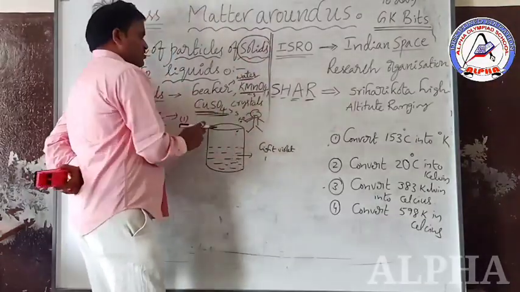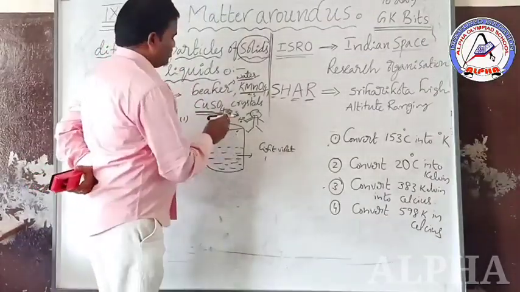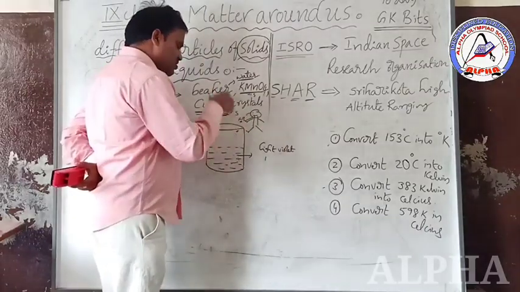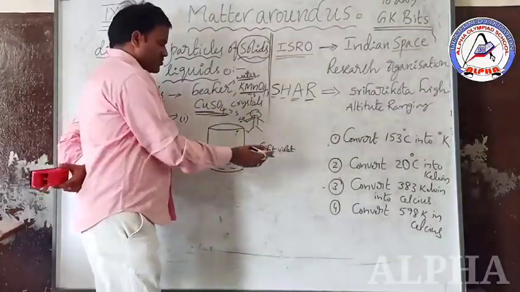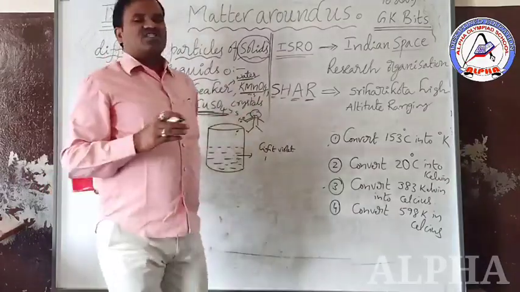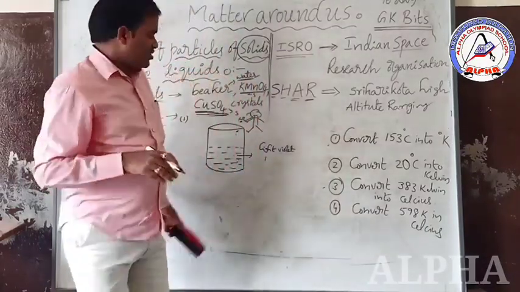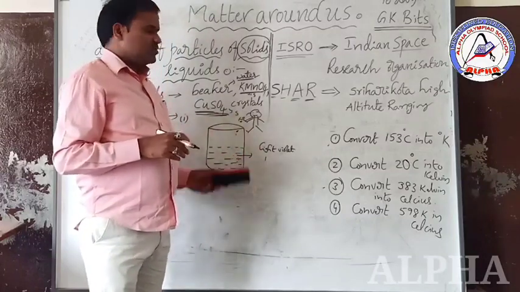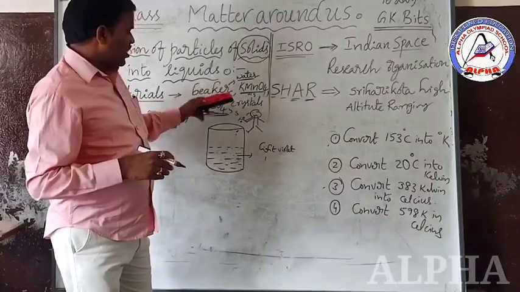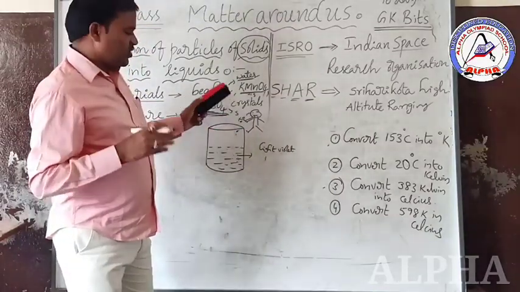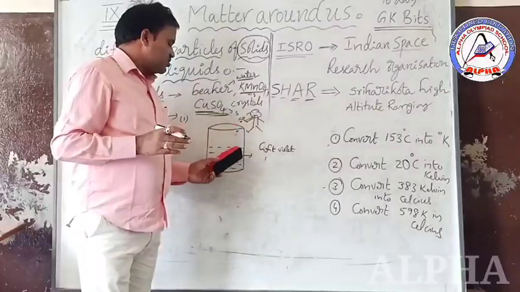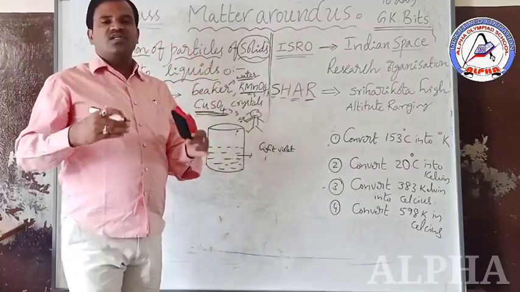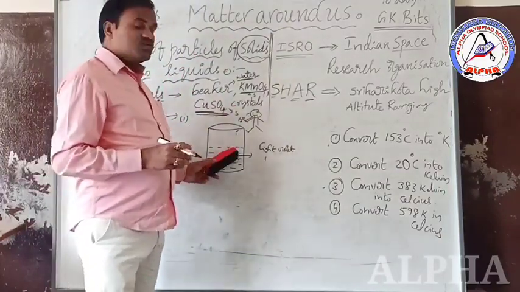Next, take copper sulfate crystals and add them to the water. After some time, these copper sulfate crystals are also diffused in the water. That means they disappear in the water. But observe the time: how much time it takes to diffuse. They diffuse very slowly into the water.